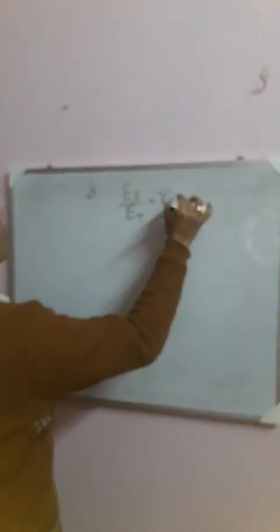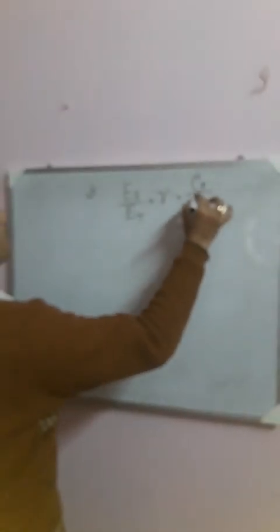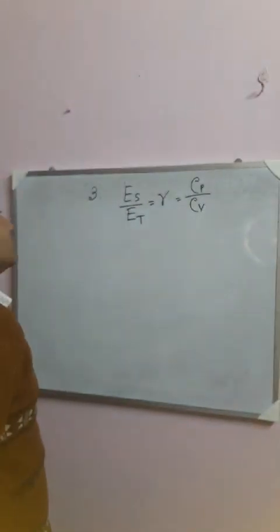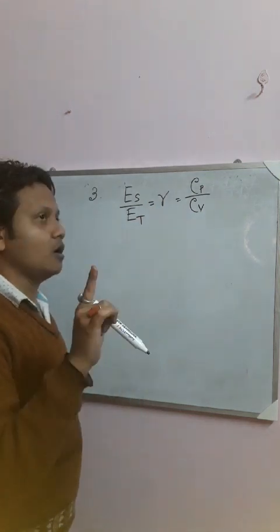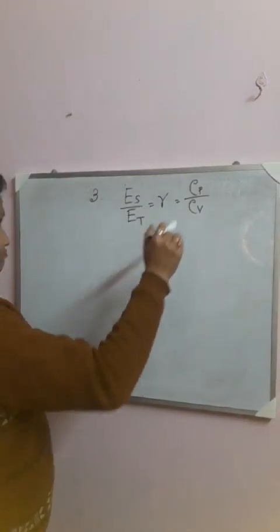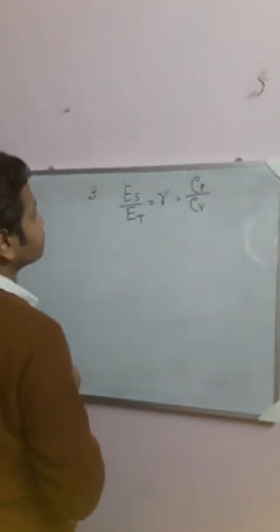This equals gamma, the ratio of the two molar specific heats. Whenever I say capital Cp or capital Cv, it is for 1 mole. So how can we verify it?